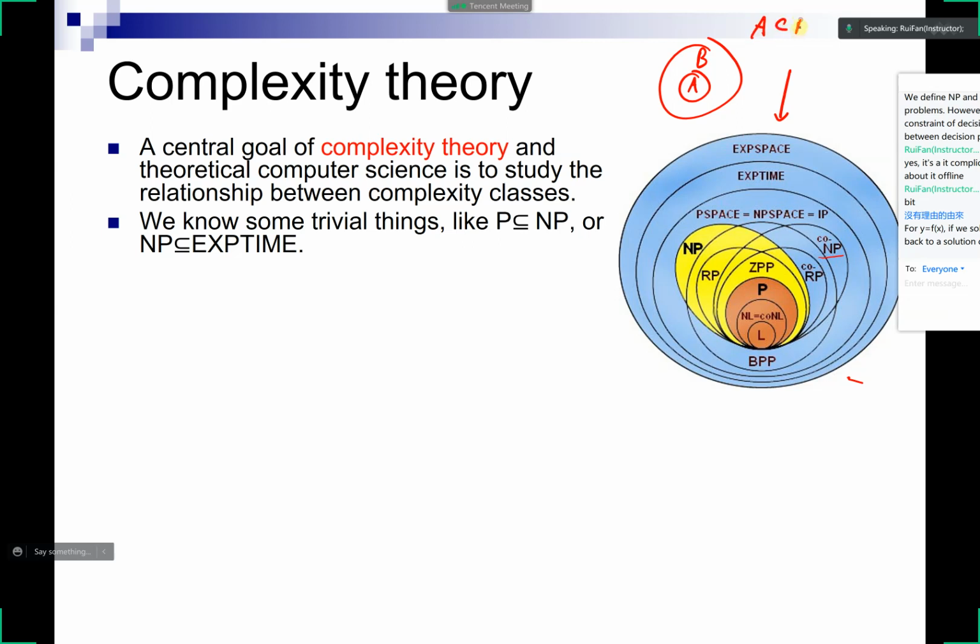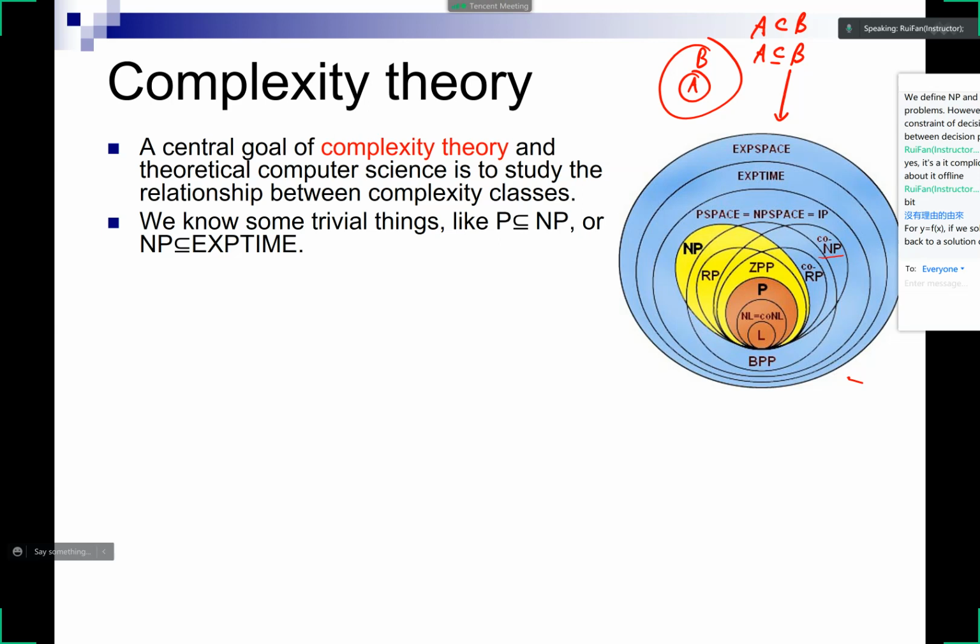We don't know whether A is strictly contained in B, meaning that A is smaller than B, or maybe A is equal to B. For many of these relationships in this diagram, we don't know whether it's a strict containment or not.